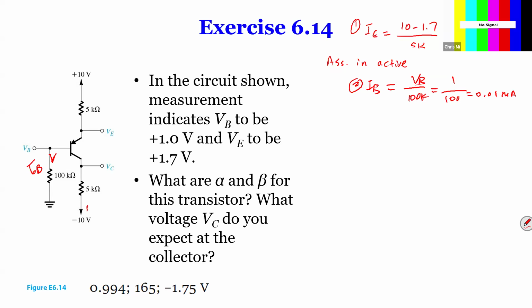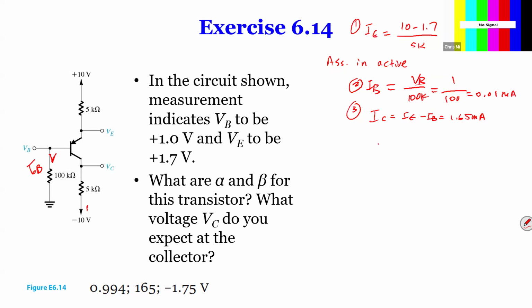So now we know IB is good, and IC equals IE minus IB. That's going to be 1.65 milliamps.